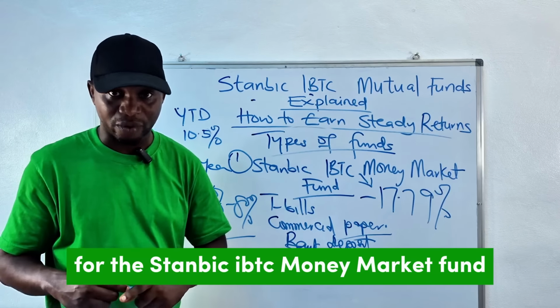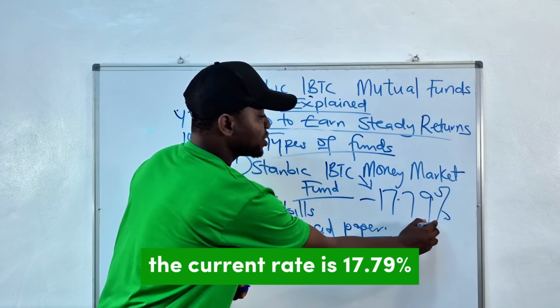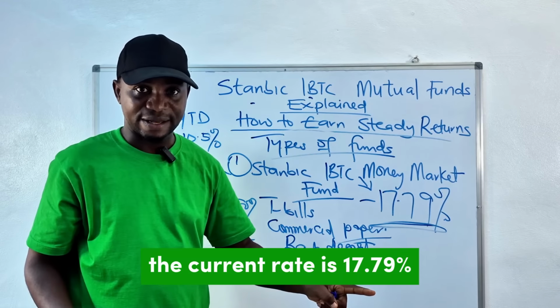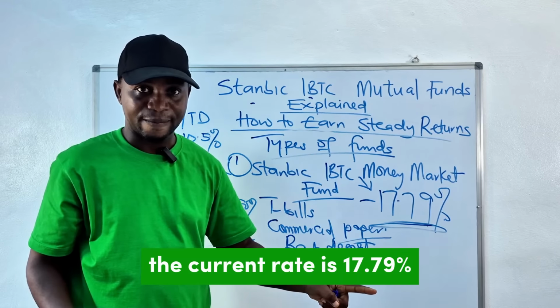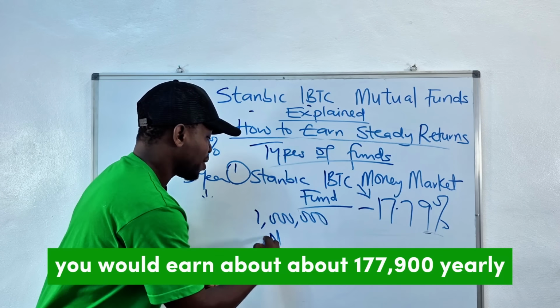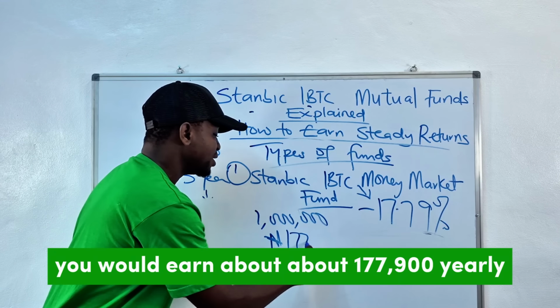Like I said, the current rate is 17.79%. So that means if you invest your money today, the current rate is 17.79%. So if you invest 1 million naira here on the Stanbic IBTC Money Market Fund, you would earn about 177,900 yearly.